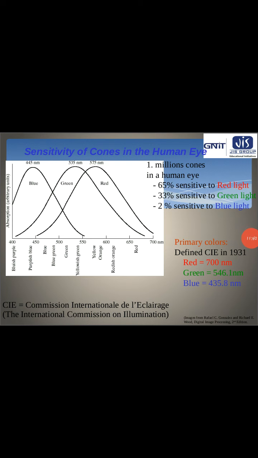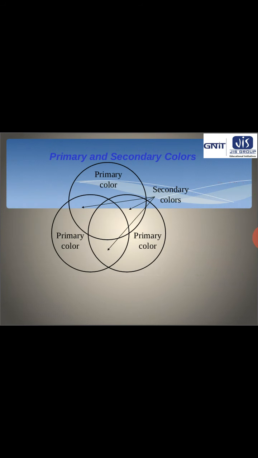Now if we move forward to the next slide, we can see the primary and secondary colors described. From this diagram we can have some idea on primary and secondary colors. Here we can see three circles of primary colors which overlap one another.